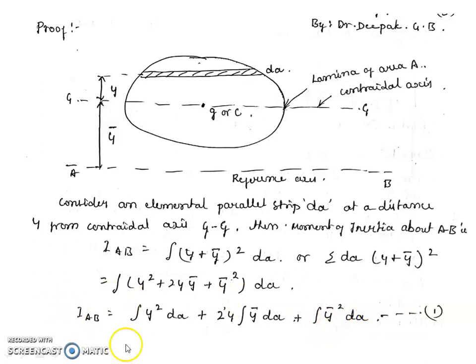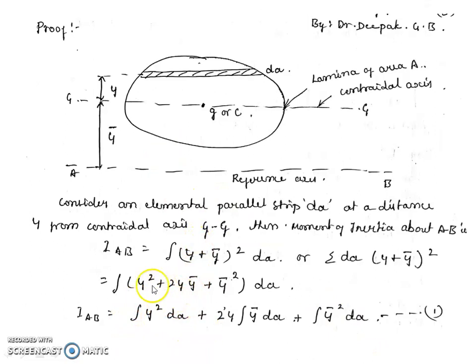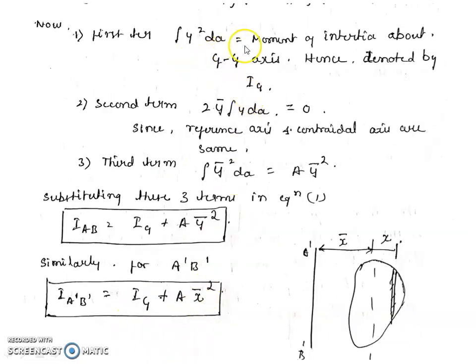I will call this equation 1. Now I will consider the first term, the integral of y square dA. It is nothing but the moment of inertia about the GG axis, the centroidal axis. Hence it is denoted by IG.